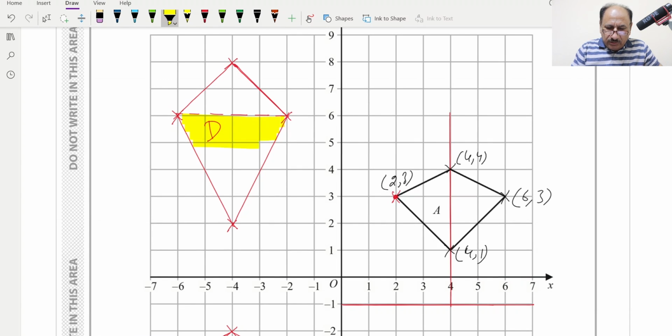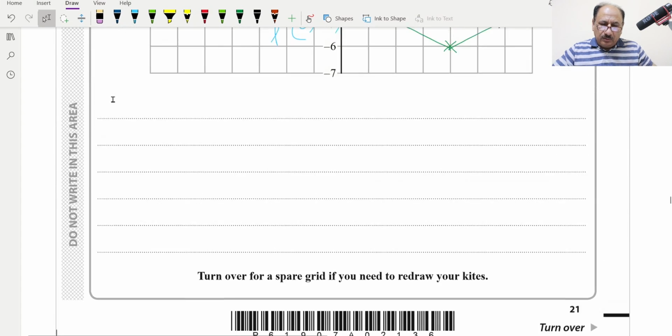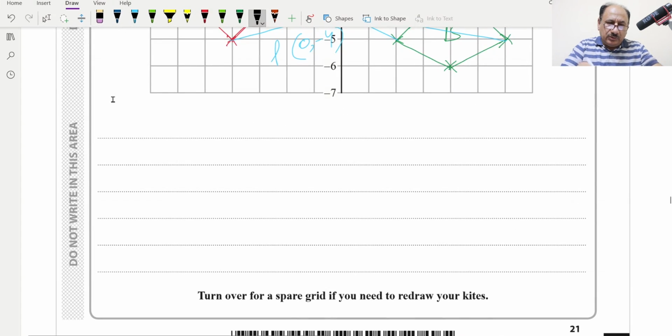There will be two triangles, so lower is this one. We can calculate the area of the bigger triangle. So area of the big triangle will be equal to 1 by 2 into base into height.